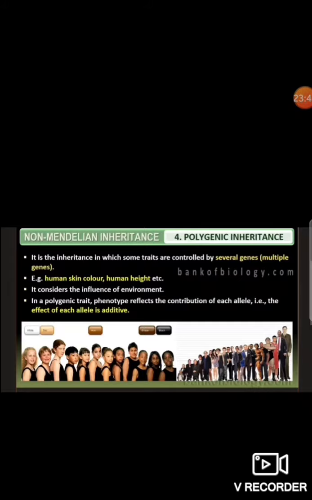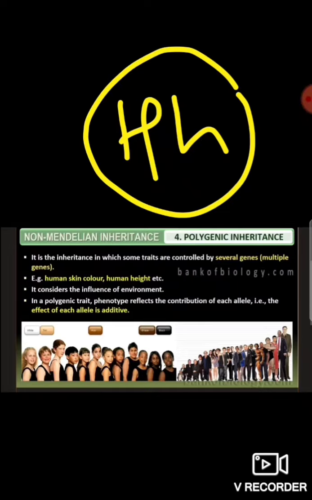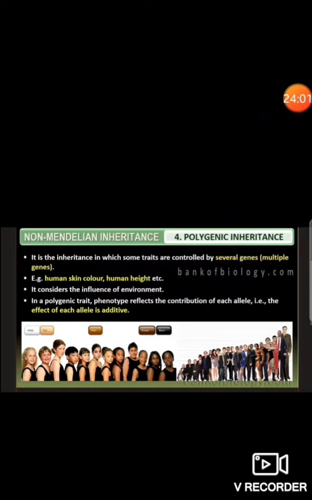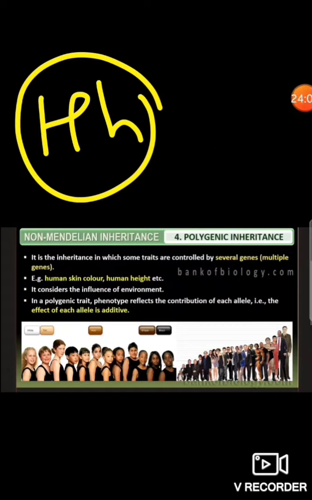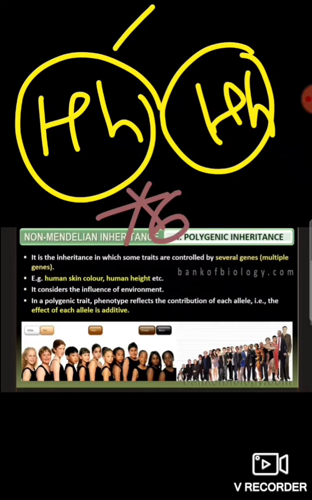For example, height also you can see. Somebody is having the genes to be tall, and you consider two persons having the same genes. This person is doing a lot of exercise, cycling and all, and he is having about 6 inches of height.